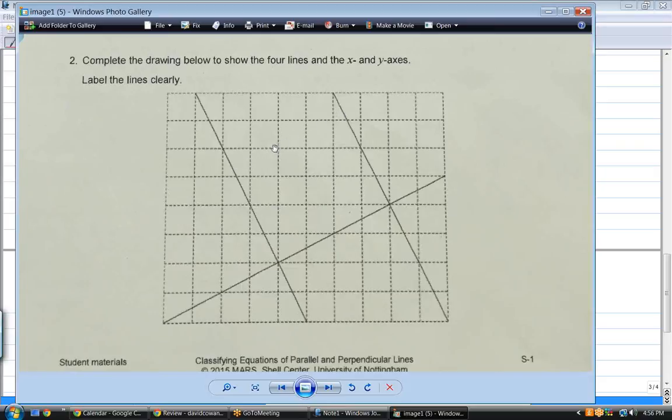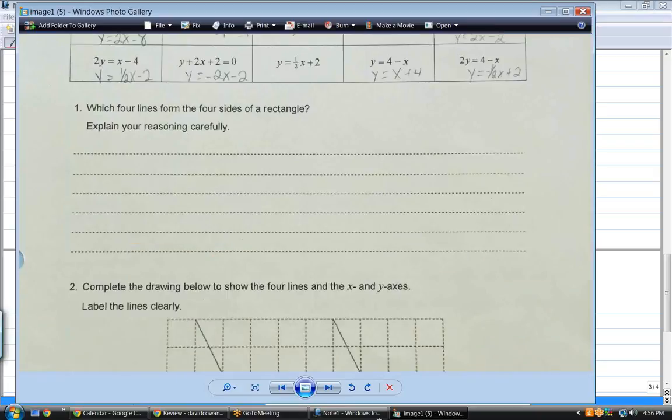It's got to cross that imaginary y-axis at plus 2. It's got to be right there like that. Okay? Yeah. That's a fairly difficult problem, especially when they do not label the grid. You have to kind of figure out a lot of stuff, but it's not a bad problem. It's just an interesting one.